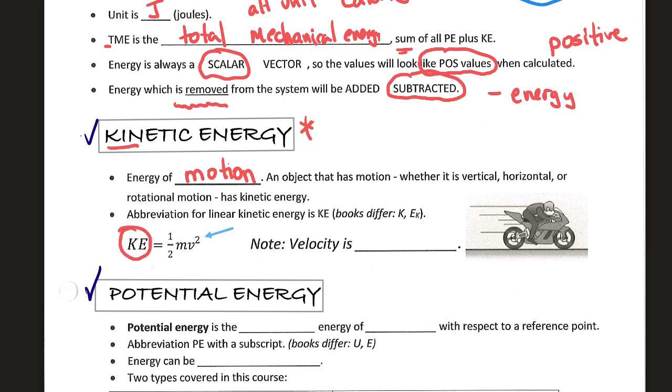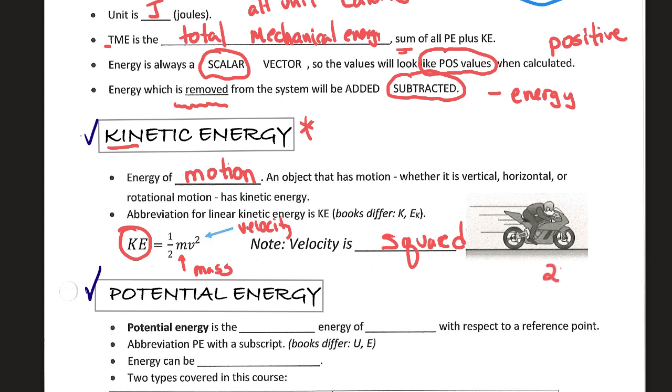The formula is 1/2 times the mass times the velocity squared. And notice that the velocity is squared, and that means that it is the more influential variable. The faster an object goes, the bigger the kinetic energy, but it goes up exponentially.